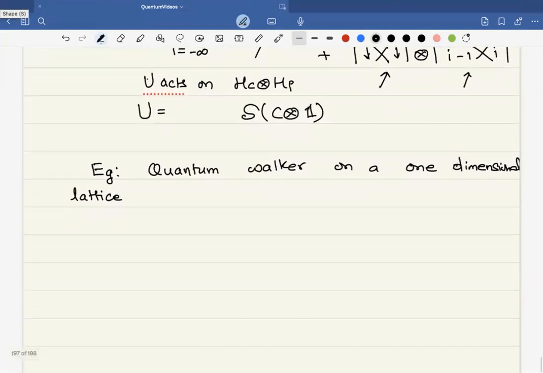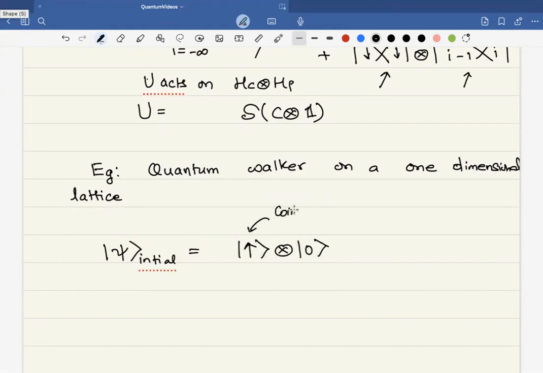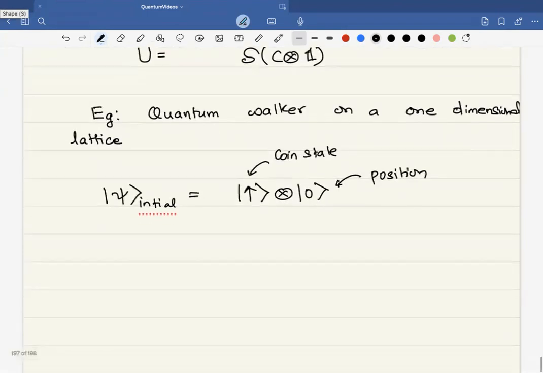As I said, let's start with the walker psi initial being up tensor 0, right? So this is the coin state and this is the position.